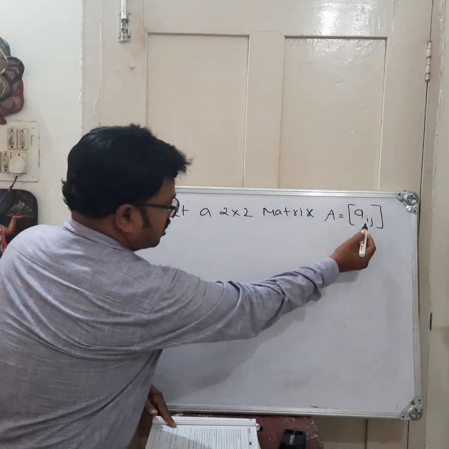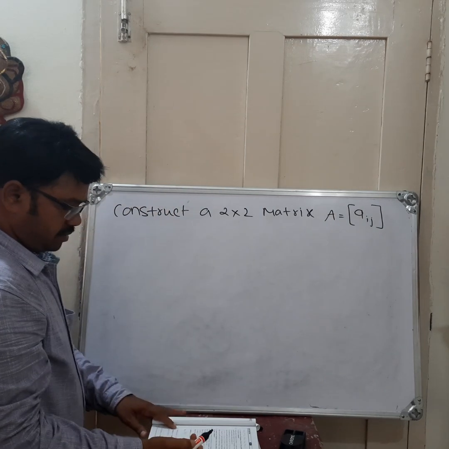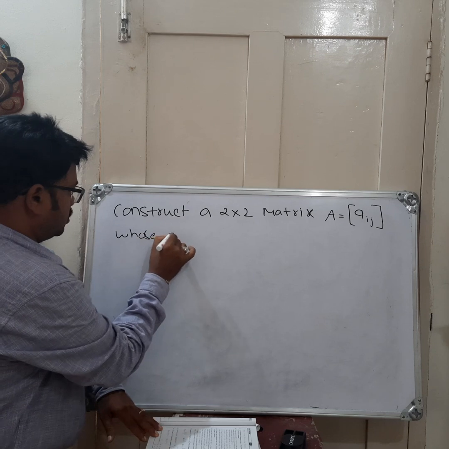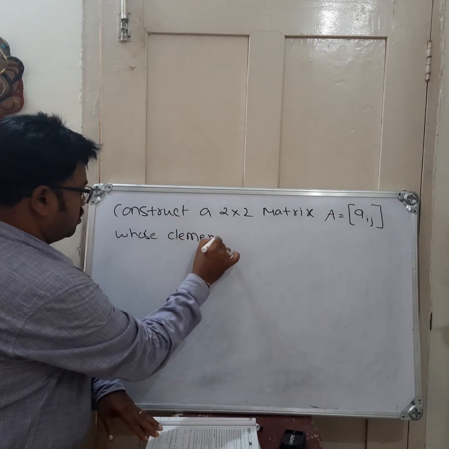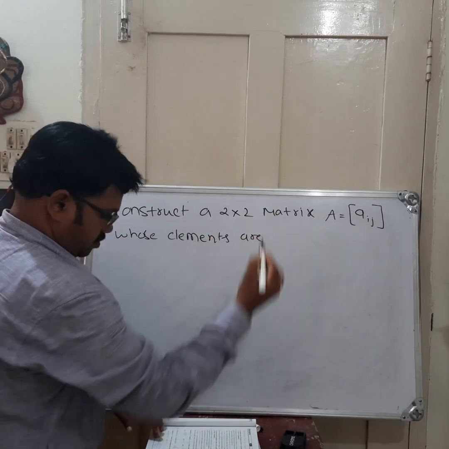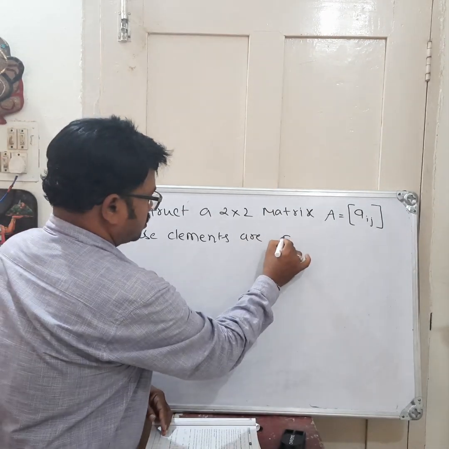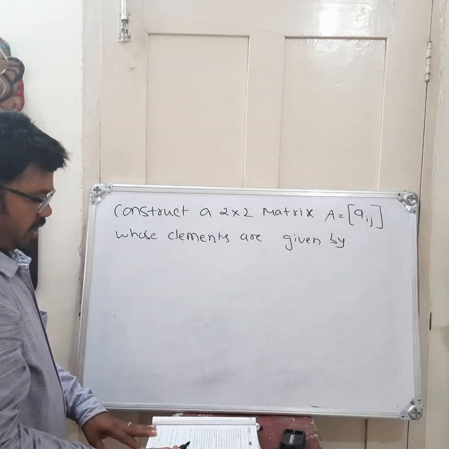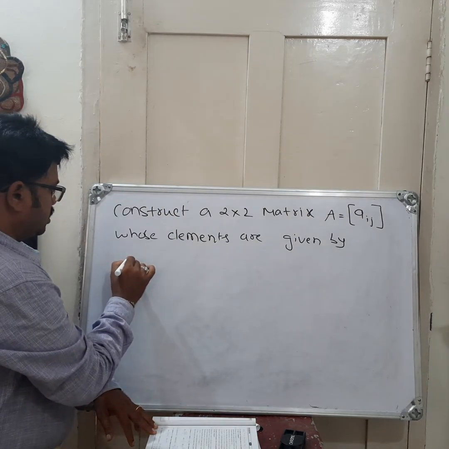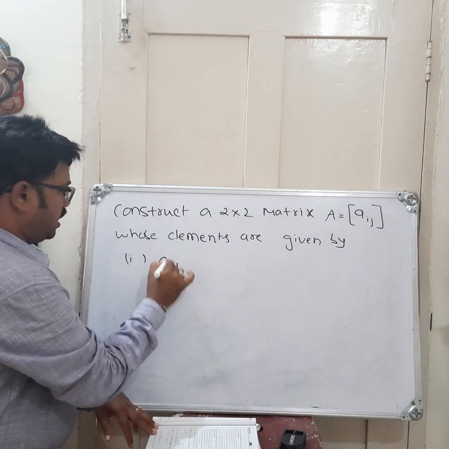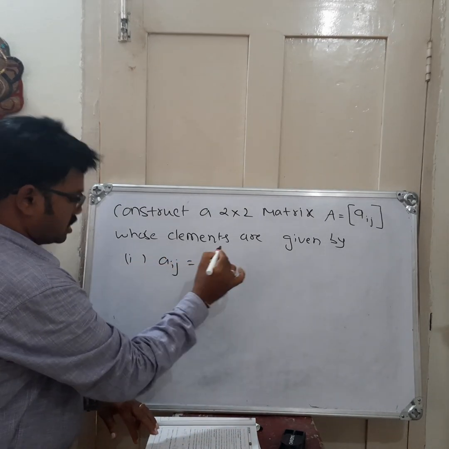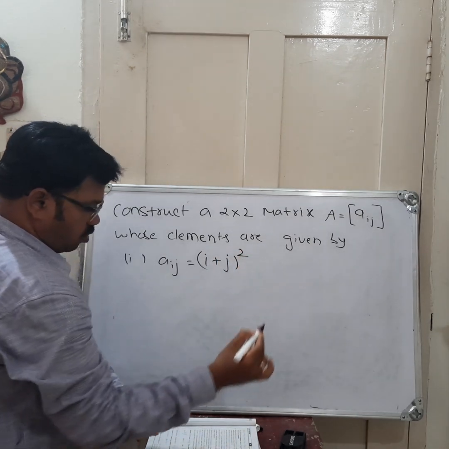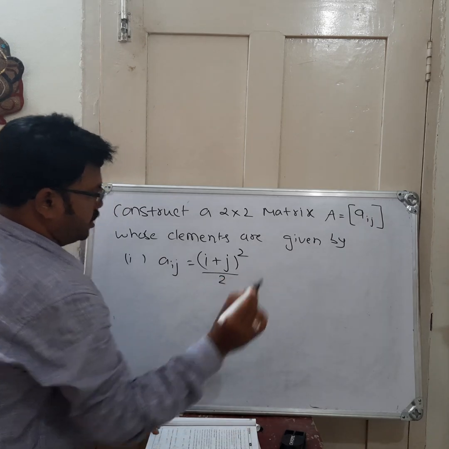Here this Aij means ith row, jth column, whose elements are given by, see this first one, Aij is equal to (i plus j) whole square divided by 2.